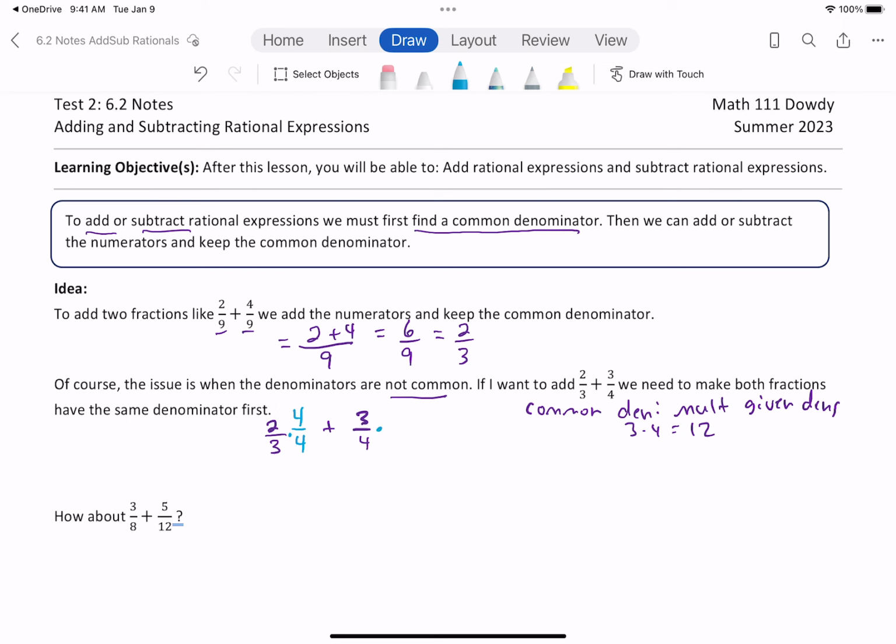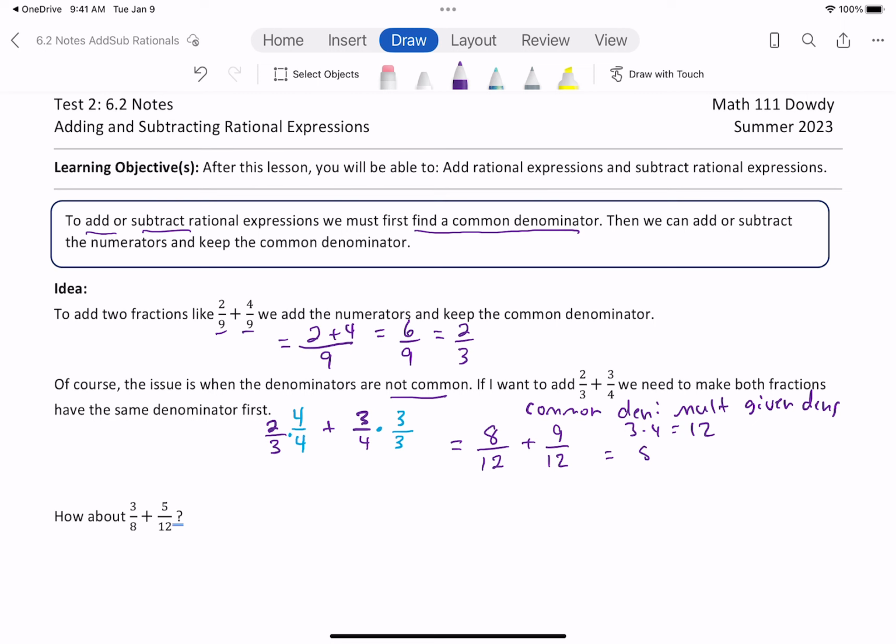Then for the second one, if I have 3/4, if I want that denominator to be 12, I would need to multiply by 3, and same thing, we got to multiply the numerator as well. So then this would give me 2 times 4 is 8 over 3 times 4 is 12, plus 3 times 3 is 9 over 3 times 4 is 12.